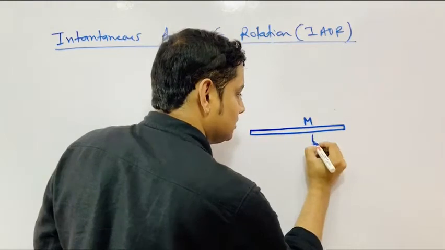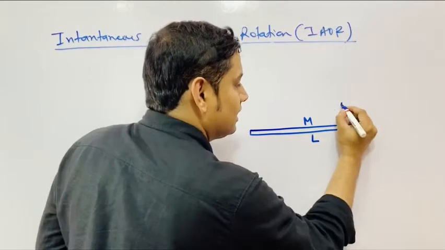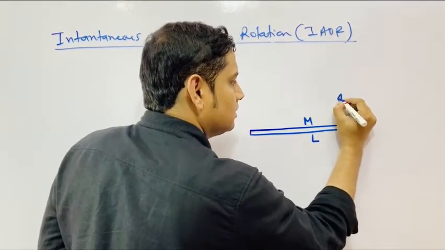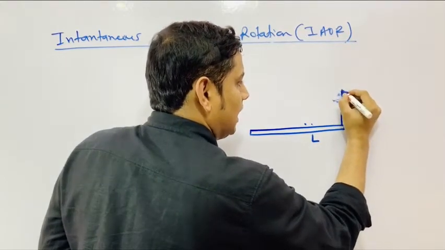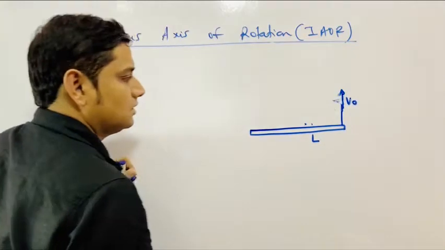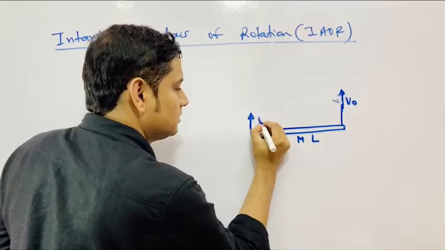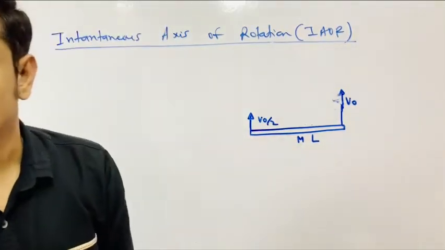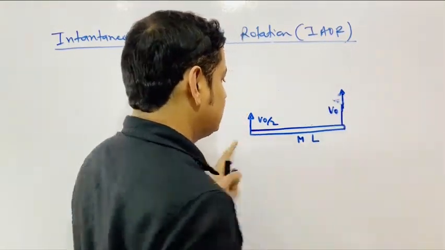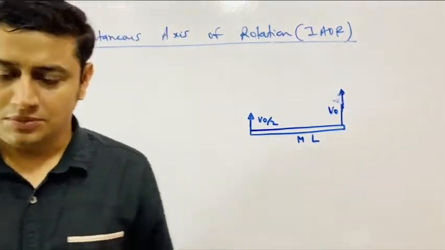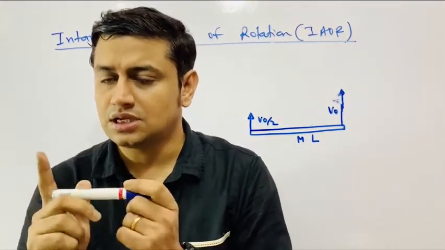Mass M, length L. It's given that this end of the rod has velocity v naught, and this end has velocity v naught by 2. Means both the ends have different velocity. This end has velocity v naught and this has v naught by 2.